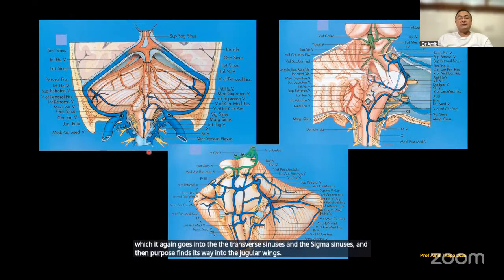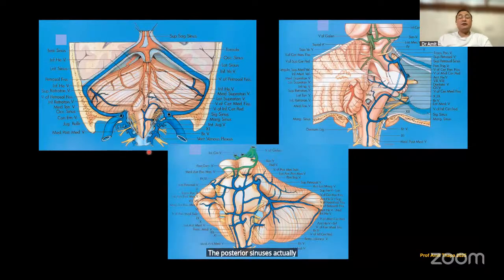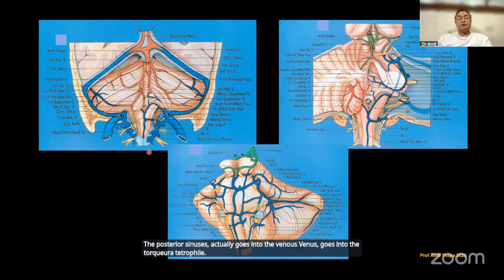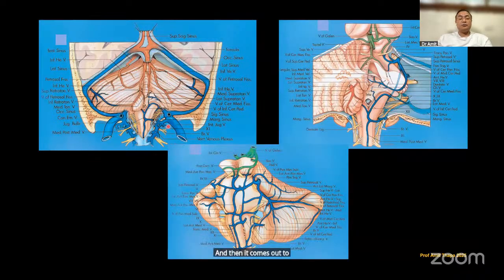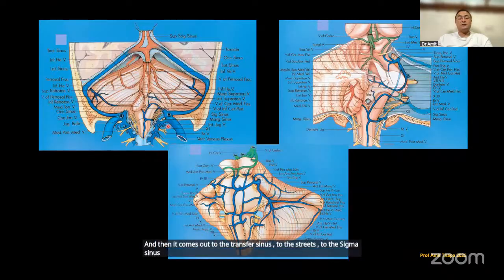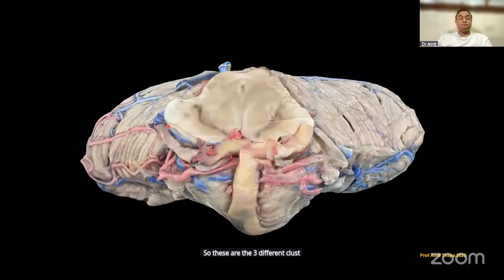The posterior cluster goes into the venous drainage, goes into the torcula Herophili, and then it comes out to the transverse sinus, to the sigmoid sinus, and later on into the jugular veins. So these are the three different clusters of the venous outflow.